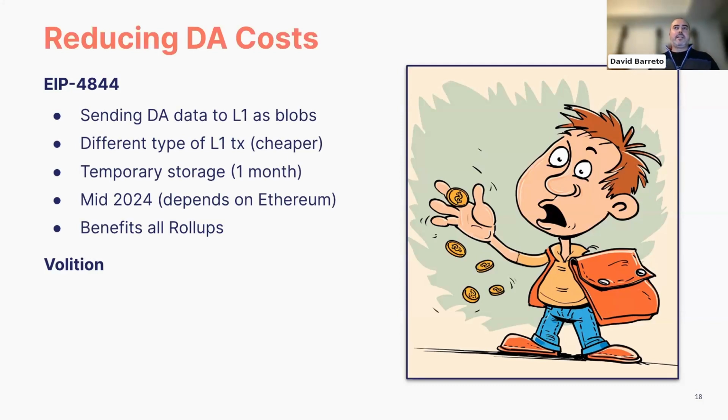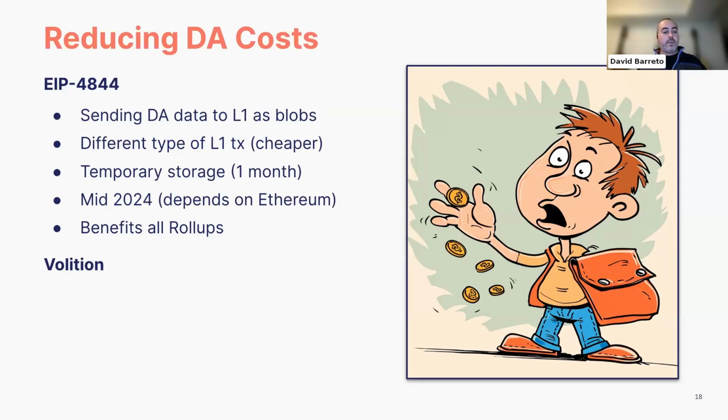And the benefit is that this type of mechanism for posting data to Ethereum will be, in theory, cheaper than the regular path that we use today. So that will make layer 2 transactions cheaper. The downside is that the data that you post as a blob has a lifespan of only 1 month.